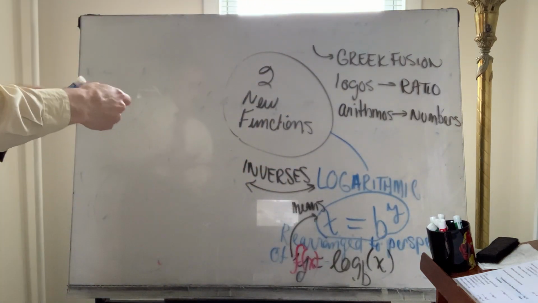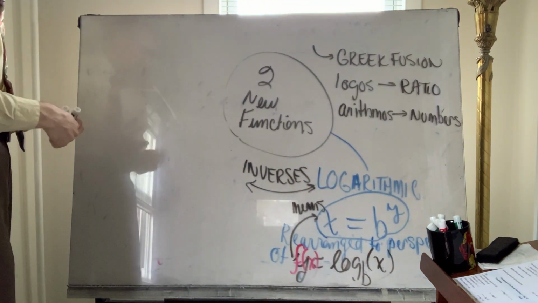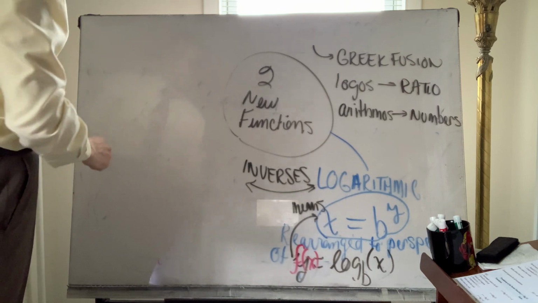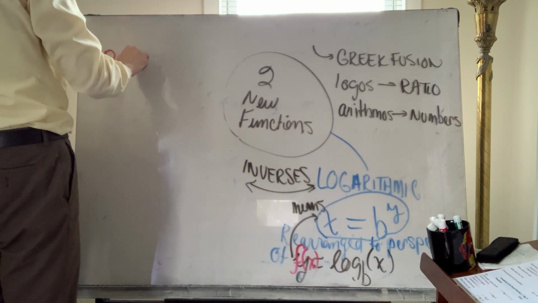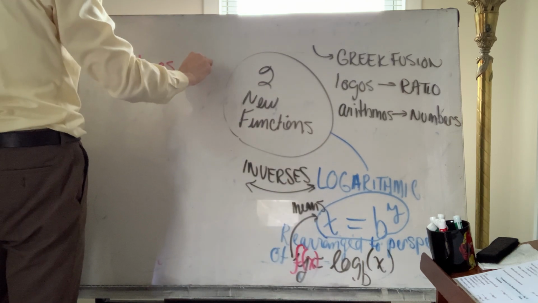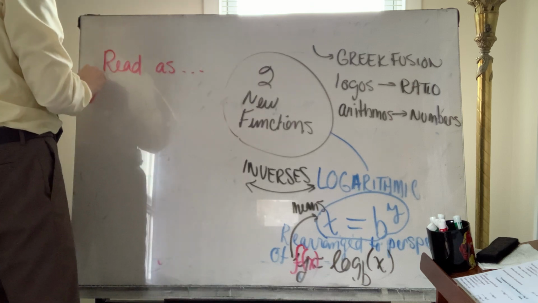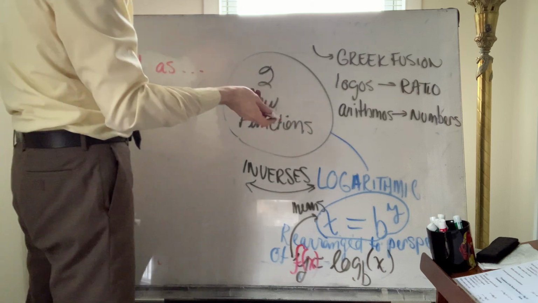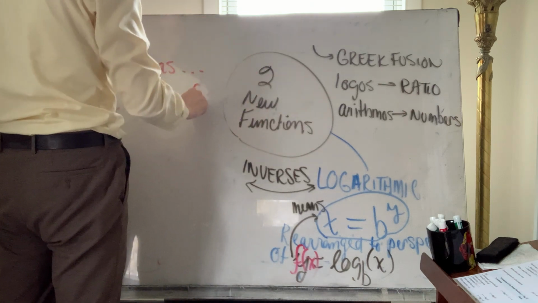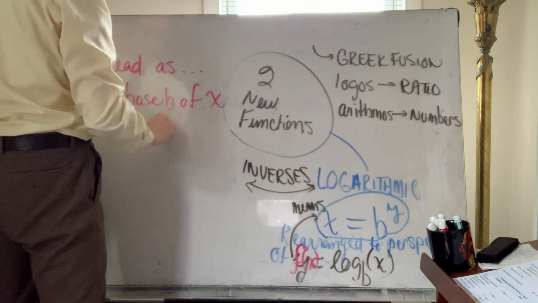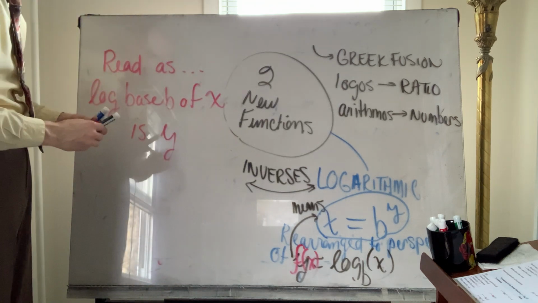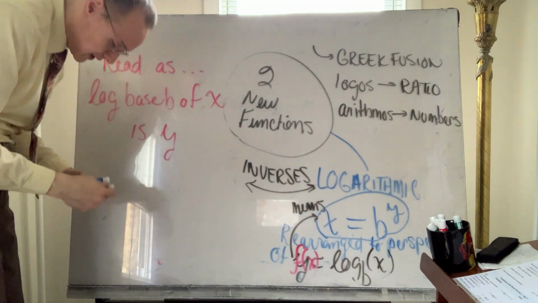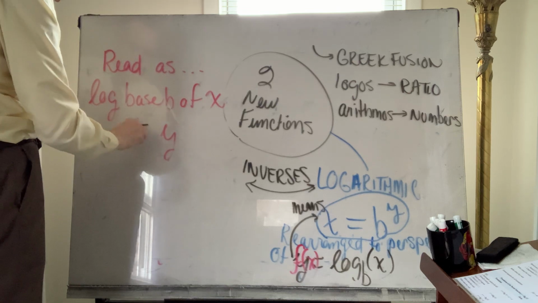Now, how would you say it? When you're reading it out loud in English, you might say log base b of x is y. Remember, is is the mathematical equivalent of that; the symbol is just the equal sign.